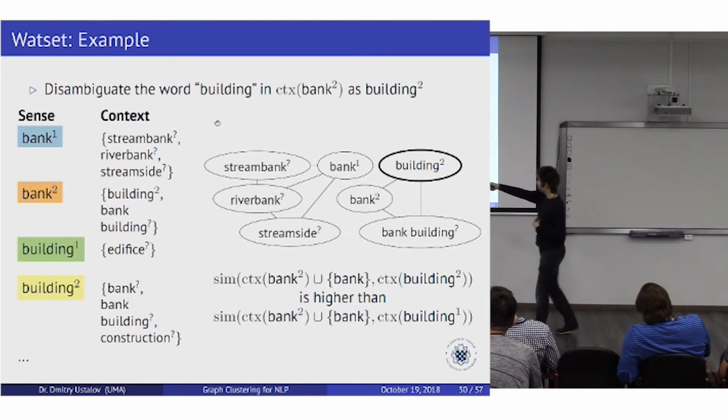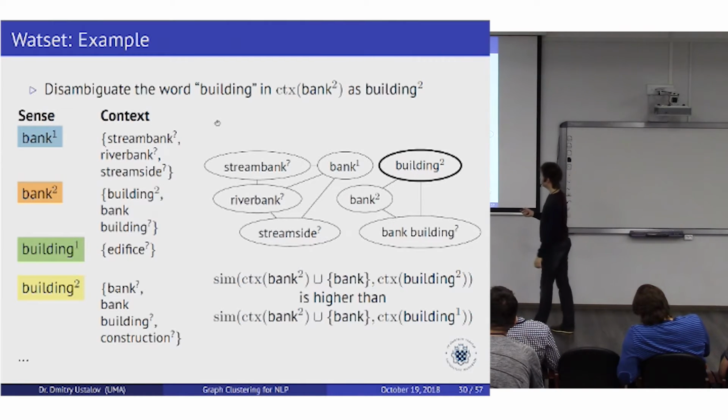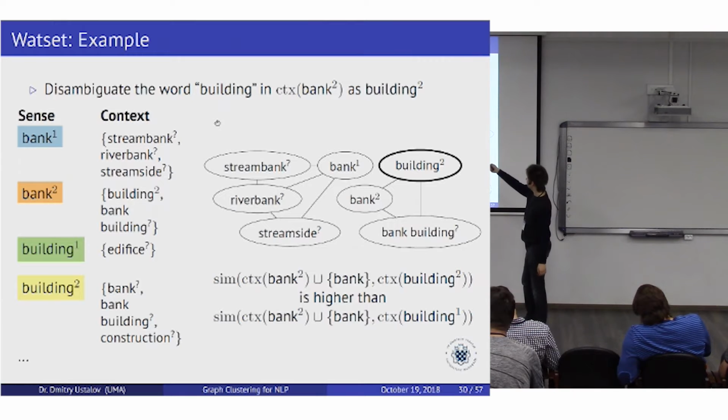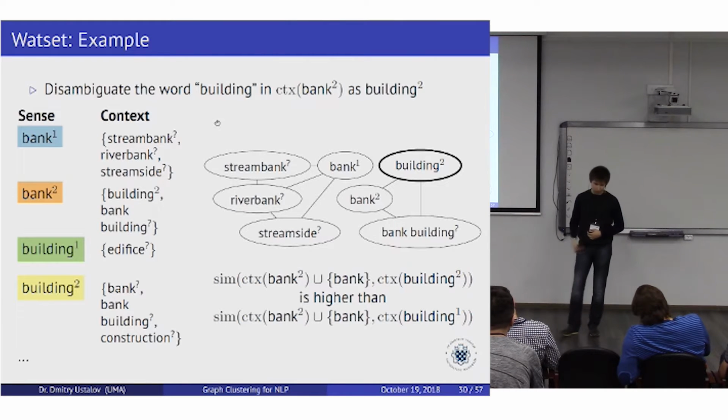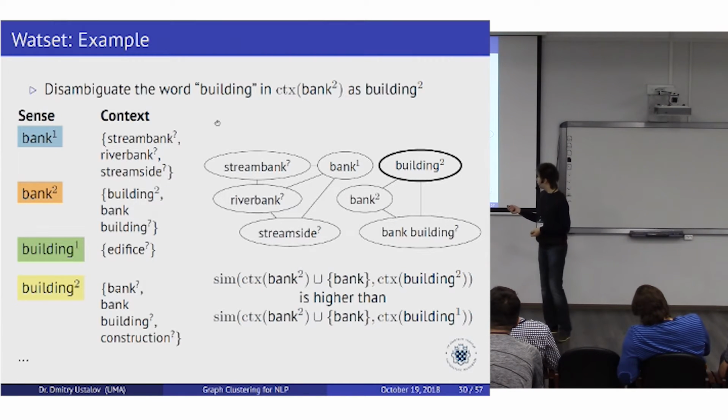And we eventually found, suppose you have two of them, that the similarity of this context to this is eventually higher than to this. We use cosine similarity, but you can use anything else like Jaccard similarity, whatever. Since this is higher, you must assign this number.